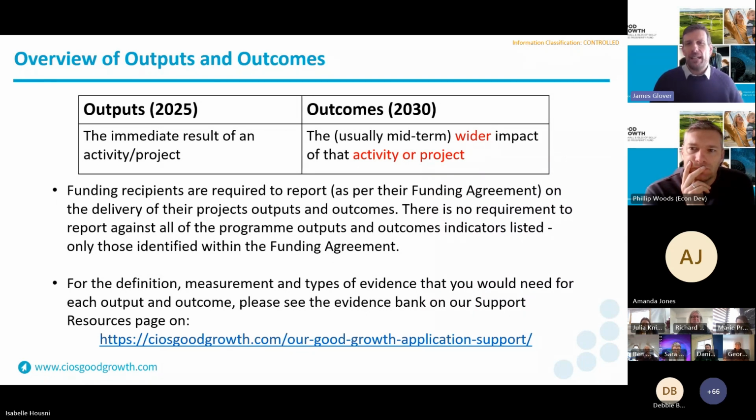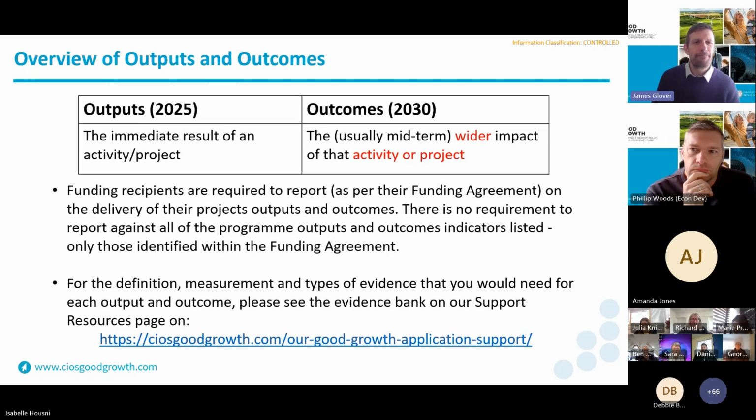It will tell you what the output or outcome is, what we're looking at as evidence to show that it's been delivered, and there's different criteria for some of the outputs. There might be multiple criteria, and you need to deliver against one, not necessarily all of them, but we'll explain that in a bit more detail.